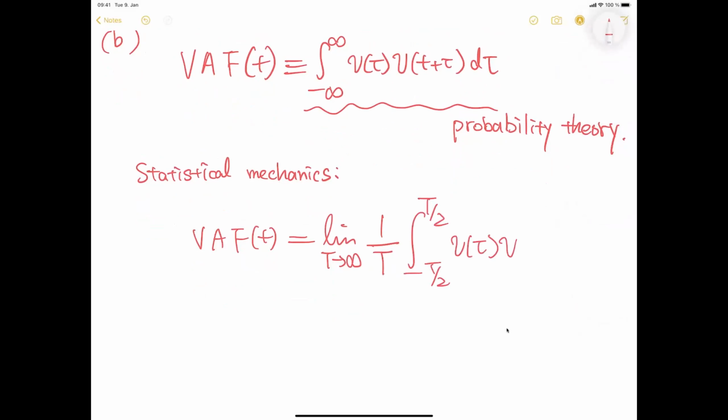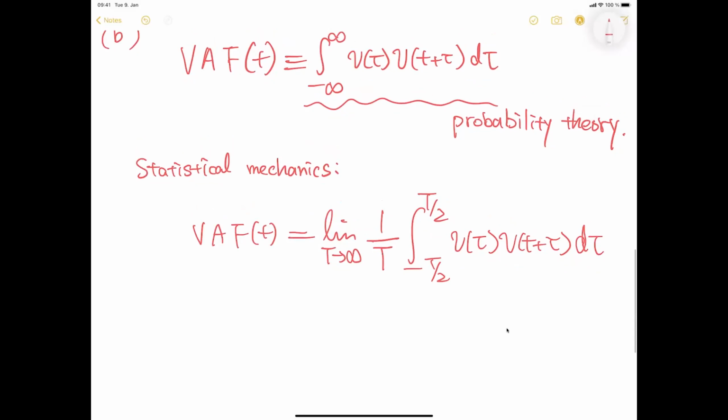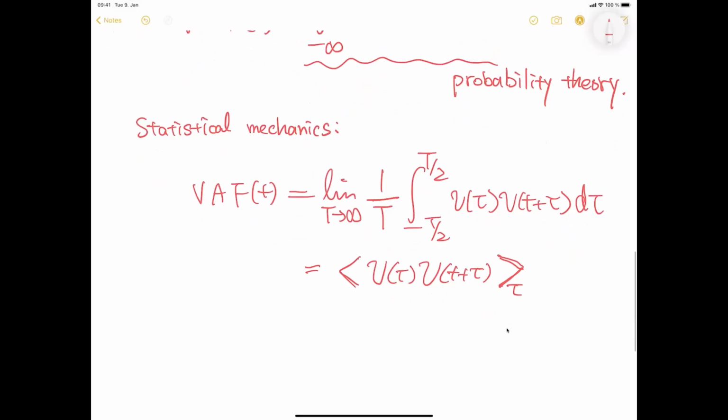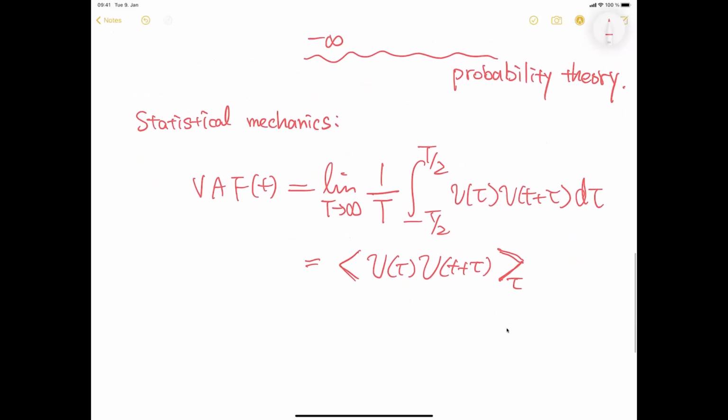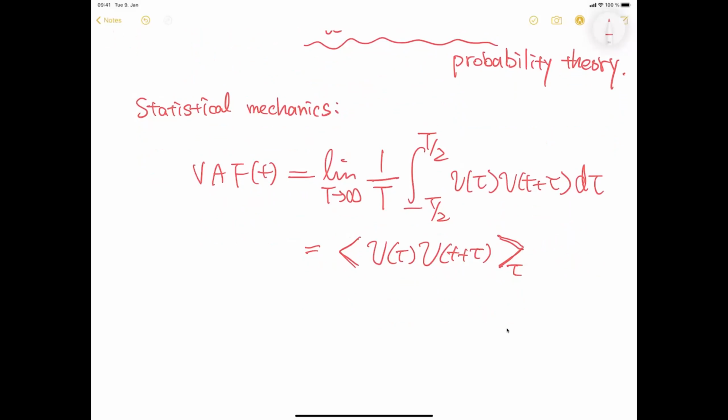The integrand is the same, and the only thing different is that now we take the average instead of the whole integral. This bracket means we take the average of this velocity correlation. So we will use these definitions instead of the first one.